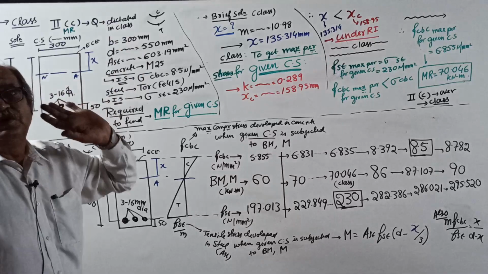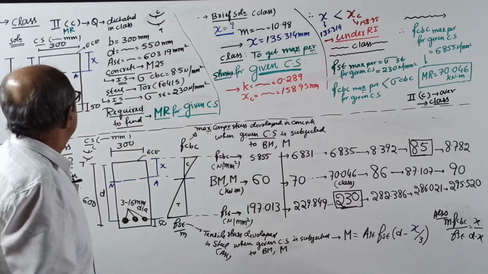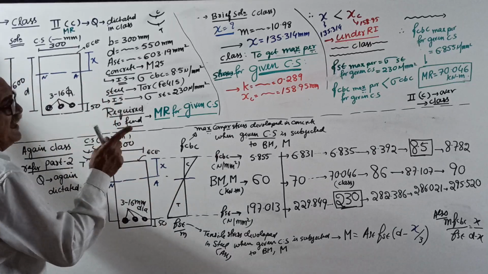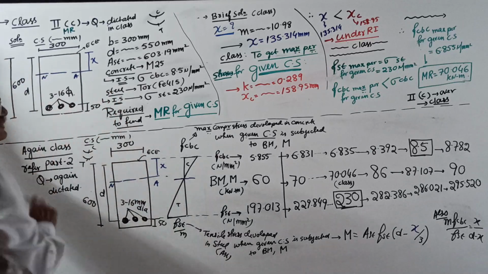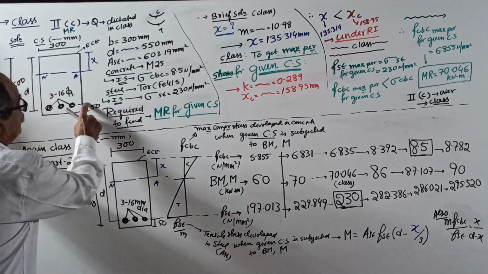Subjected to sagging bending moment. So therefore, I told you, top compression, bottom tension. Further, on the tension side, 3 bars of 60 mm diameter are provided at effective cover of 50 millimeter.